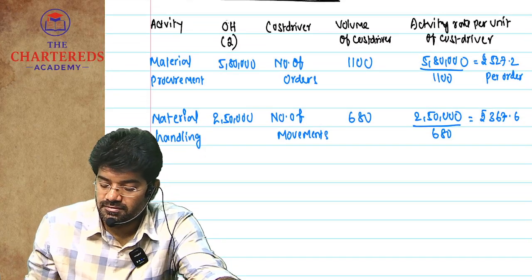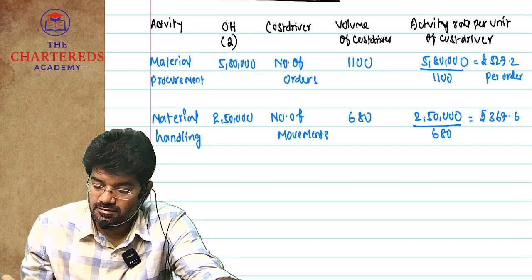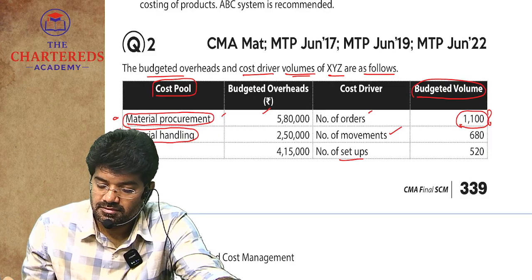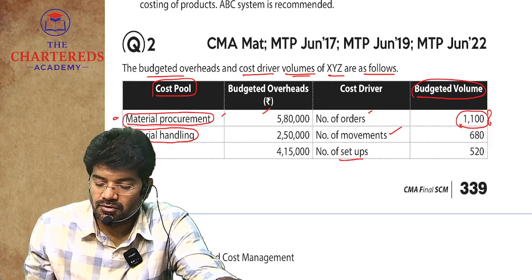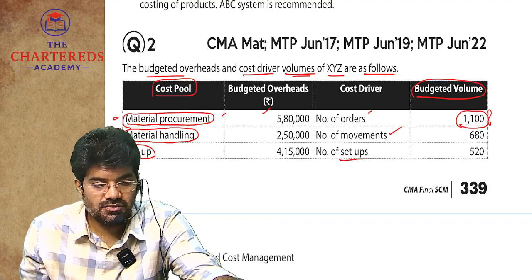Next one, setup, 4,50,000. Number of setups is 520.